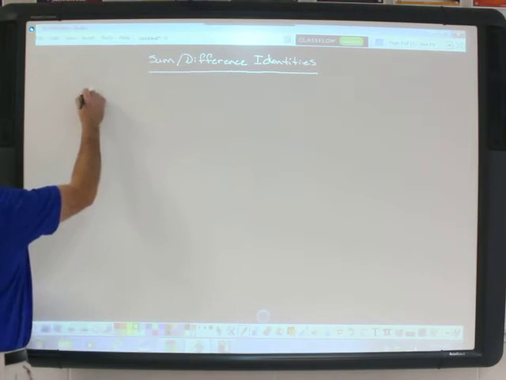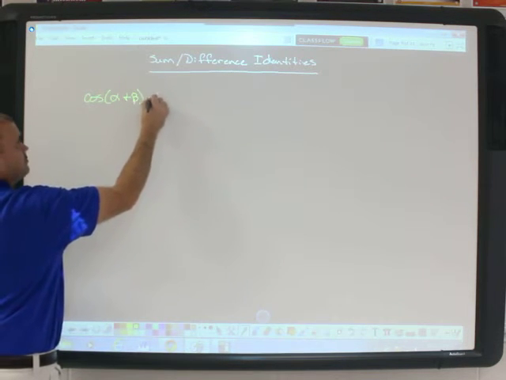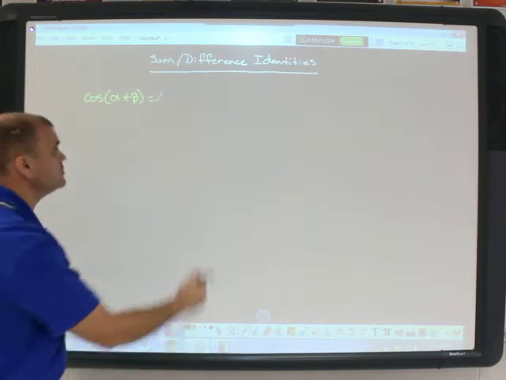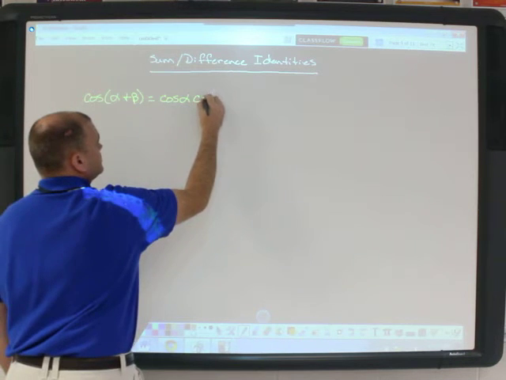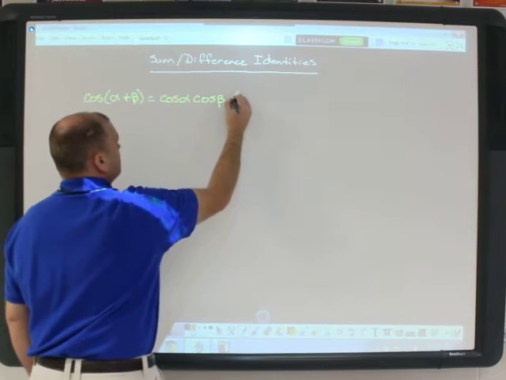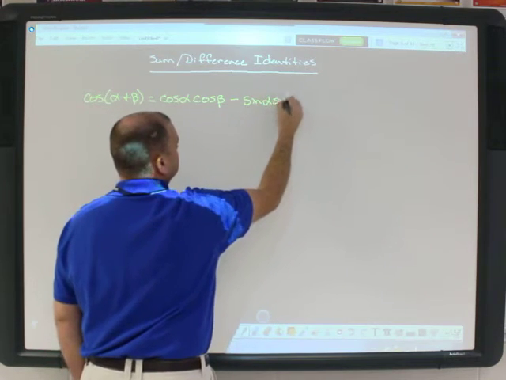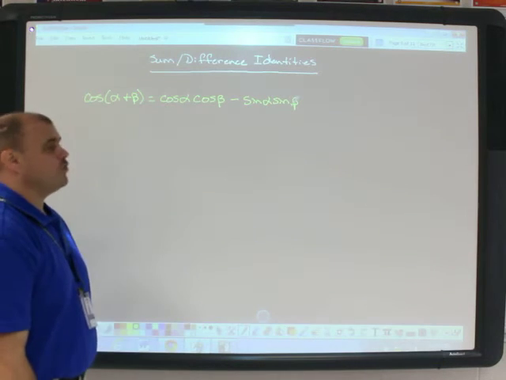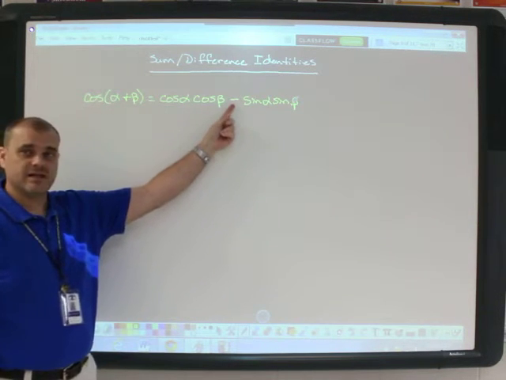So what we can say is this, guys, that the cosine of alpha plus beta, two different angles, is going to be equal to the cosine of alpha times the cosine of beta minus the sine of alpha sine of beta. Now, you may be wondering why when I added these two angles together that I subtracted.